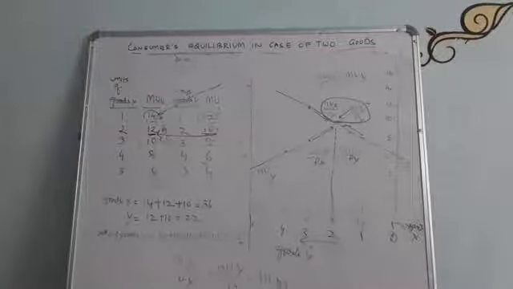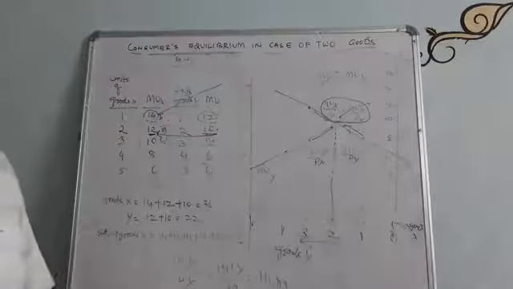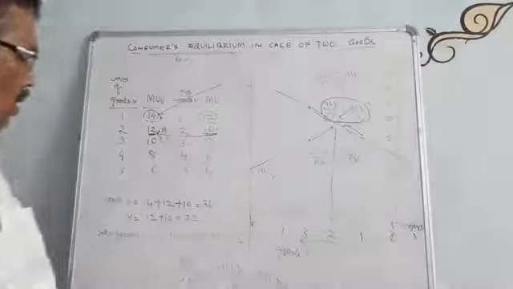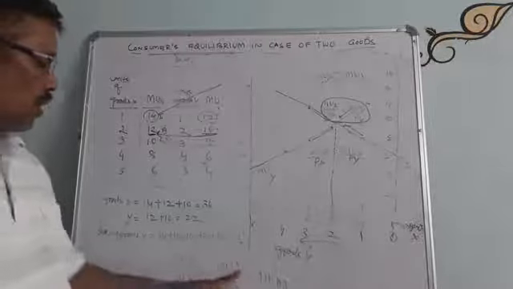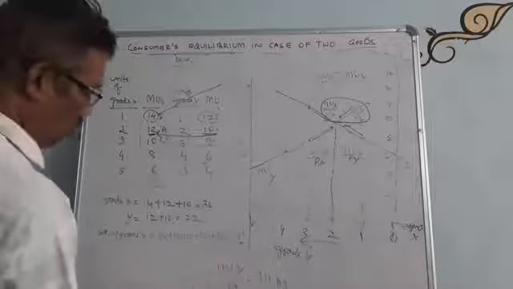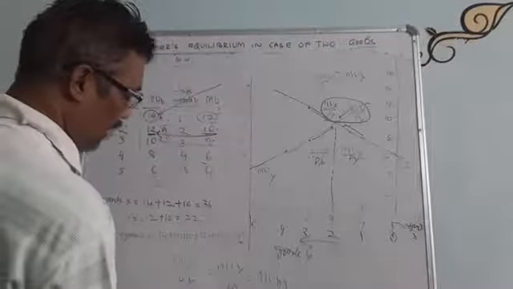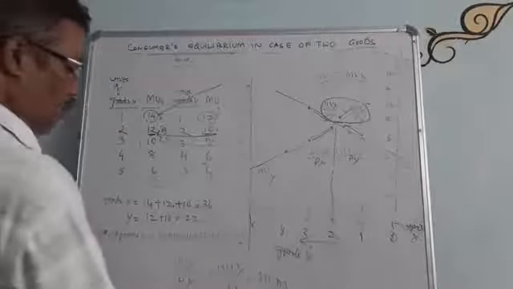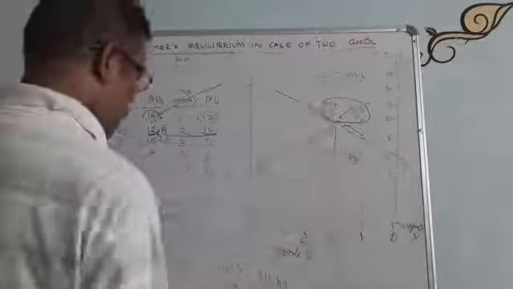This is called the consumer's equilibrium in the case of two commodities. Now it is very clear. The condition is that marginal utility of X upon price X equals marginal utility of Y upon price Y. If it is not equal, there are two conditions. If marginal utility of X upon price X is greater than marginal utility of Y upon price Y, the consumer will purchase more and more of good X and less of good Y until reaching equilibrium.